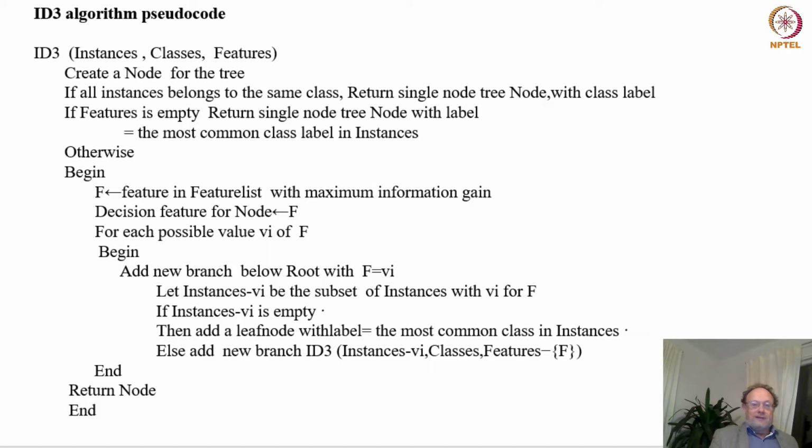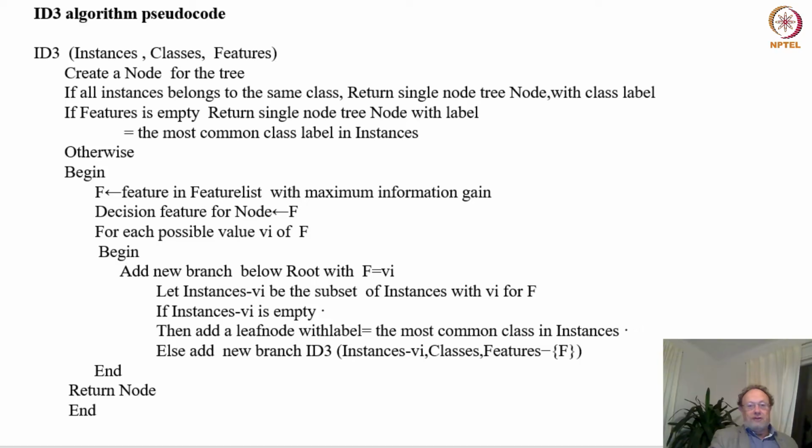So it creates the root node in the first iteration, and then it checks if all instances that it has belong to the same class. Then you have a node with maximum purity, and you return a single node tree with the class label belonging to those instances.